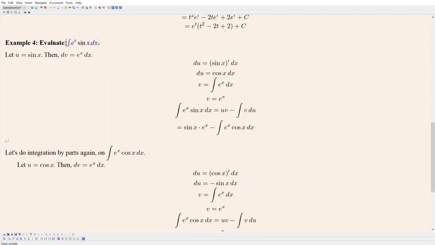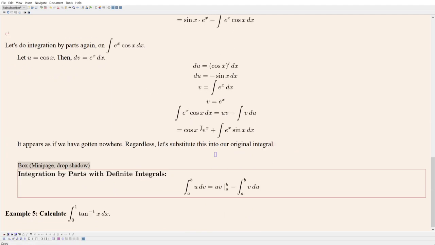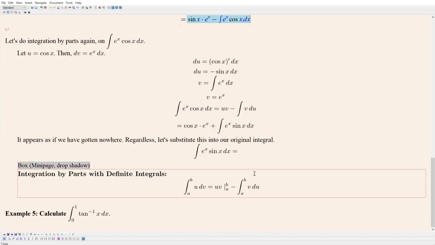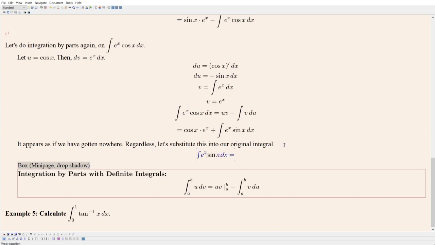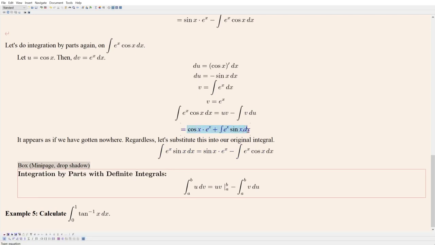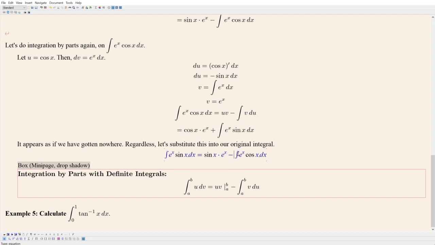So the original integral was all of this. And then, instead of this latter chunk, we got all of this. Oh, hang on, I need to be careful. I need to put parentheses around that. There we go.